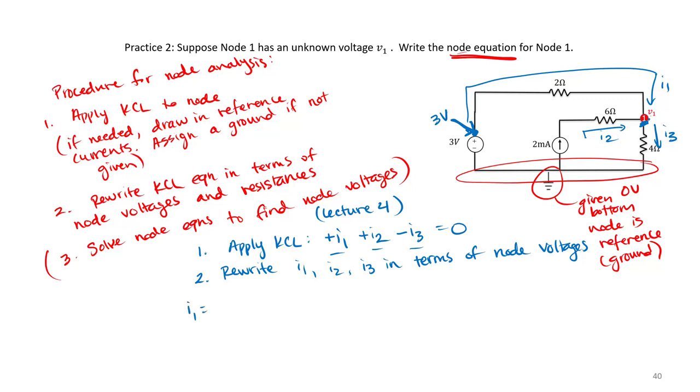So I can write that my current I1 is just 3 volts minus V1 volts divided by 2 ohms. Just using Ohm's law and the voltage difference from my higher point 3 volts to my lower point V1. Remember, because I drew my arrow flowing from the 3-volt source to V1, I am inherently assuming that 3 volts is the higher voltage, so I must subtract V1 from 3 volts. You can also draw a picture if you need help, just visualizing what's happening here.